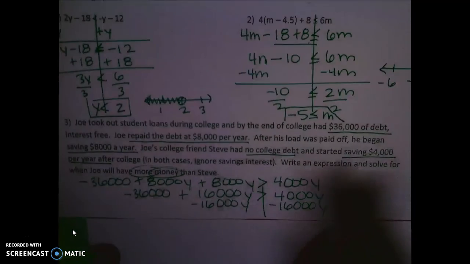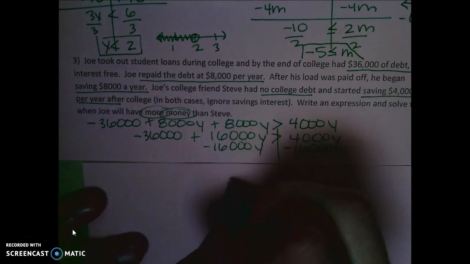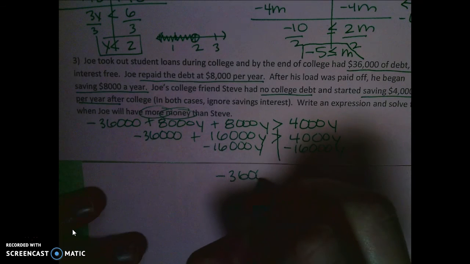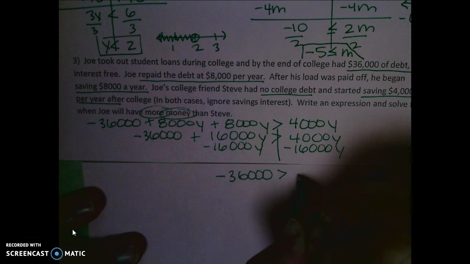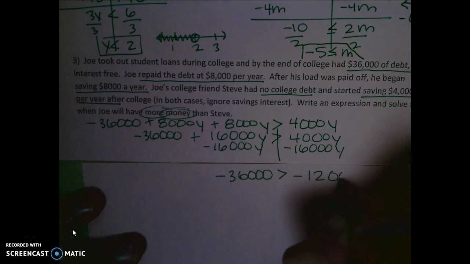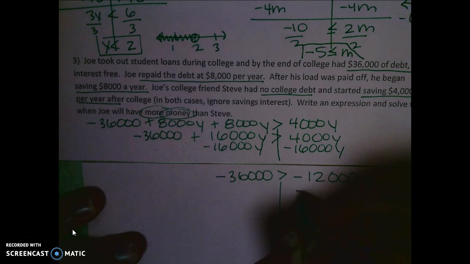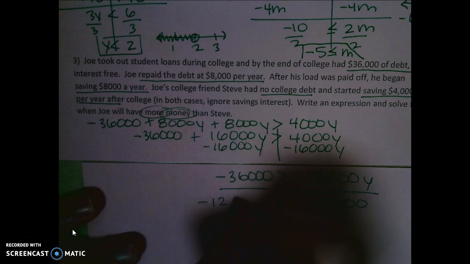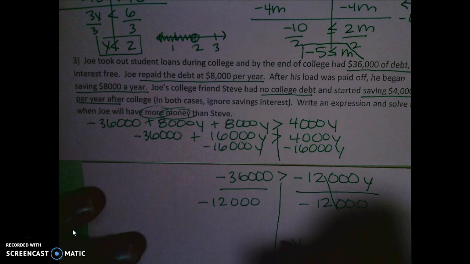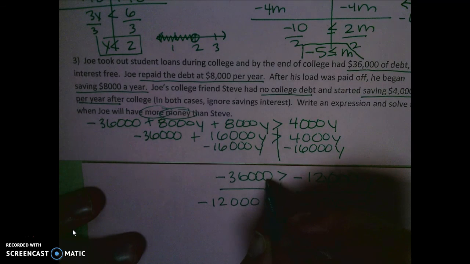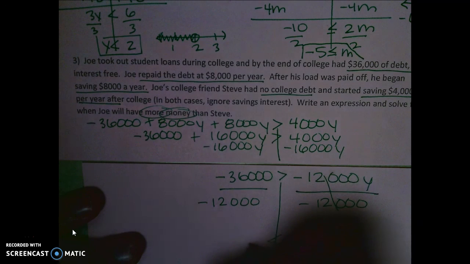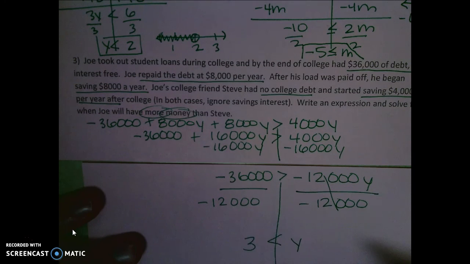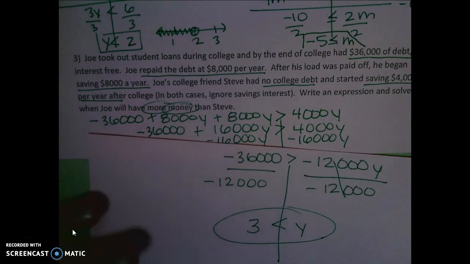So now we end up with -36,000 is greater than -12,000 Y. And then we would divide by -12,000. Because we're dividing by a negative on this one, we have to flip the sign. So -36,000 divided by -12,000 is 3, and we switch the sign. So 3 is greater than Y.